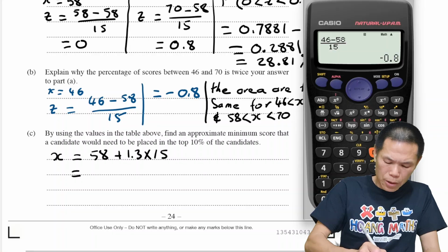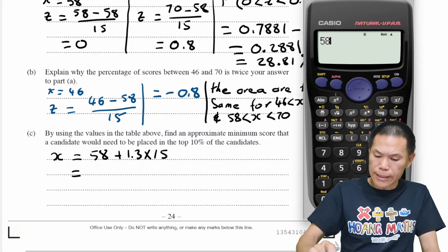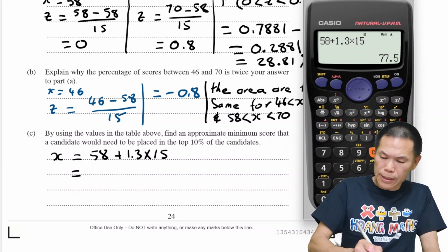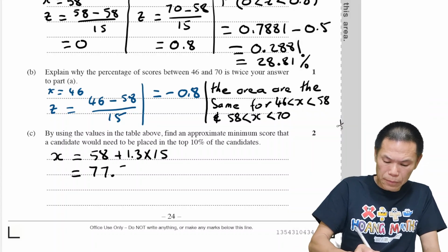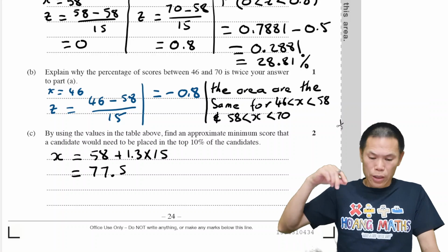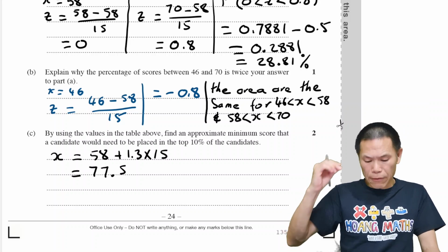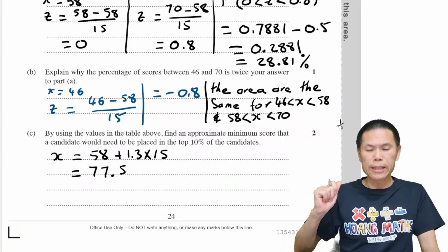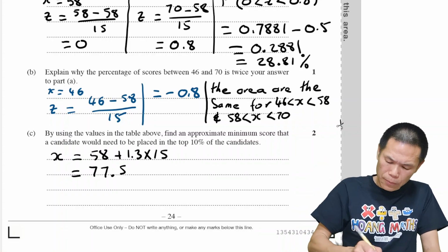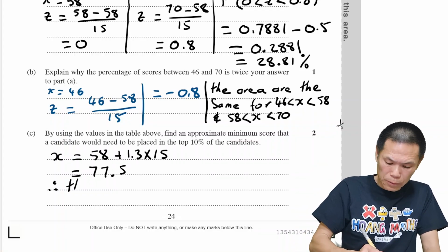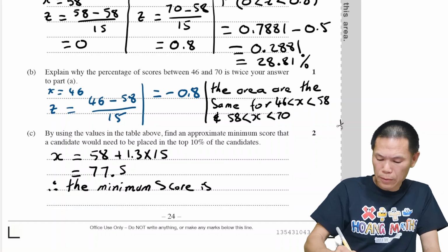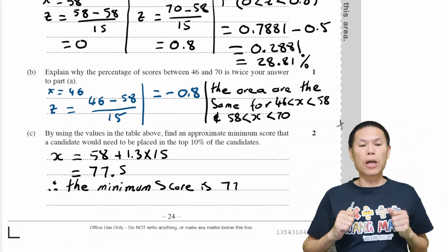So we just go 58 plus 1.3 times 15, which is 77.5. So therefore, the minimum score is approximately 77 or 78. There you go.